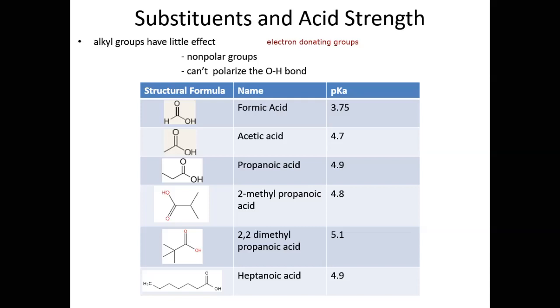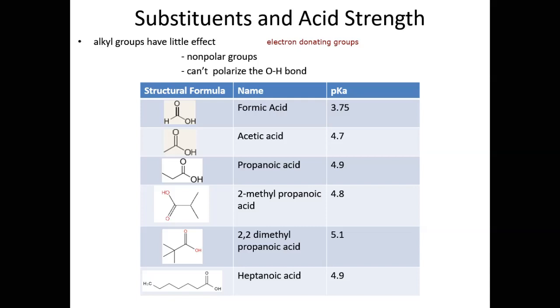So for example, formic acid is just one carbon, two oxygens, and two hydrogens. But when we add a methyl group, we're adding a nonpolar group. That methyl group can't remove electron density away from that reaction center because it's nonpolar.